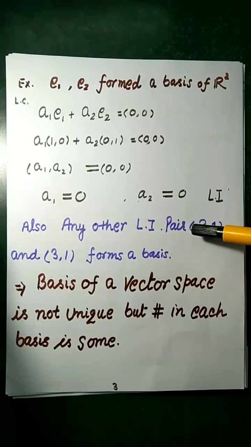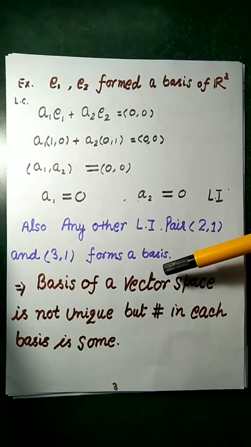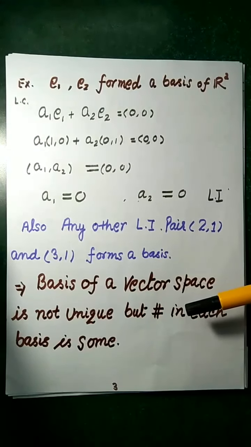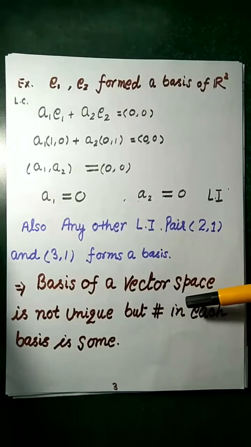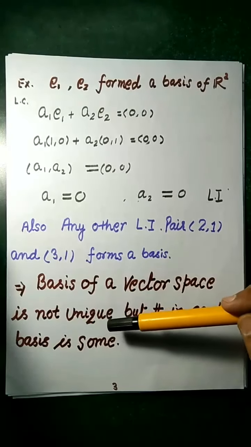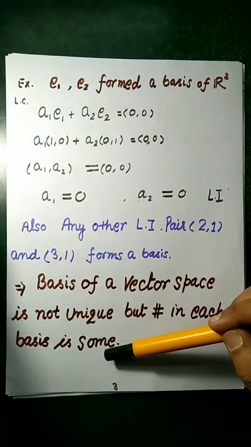There are so many other linearly independent pairs in 2 space that will form a basis of a vector space. In general, a basis of a vector space is not unique, but the number of vectors in each basis is the same.